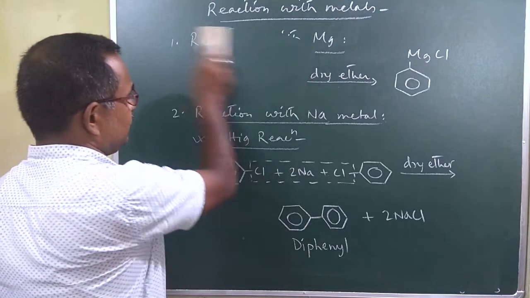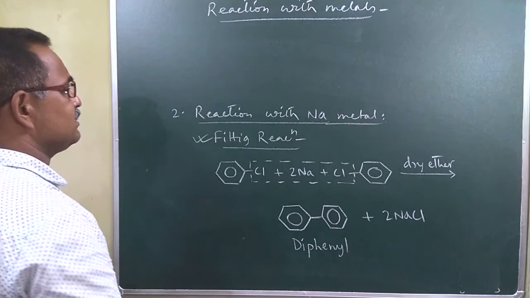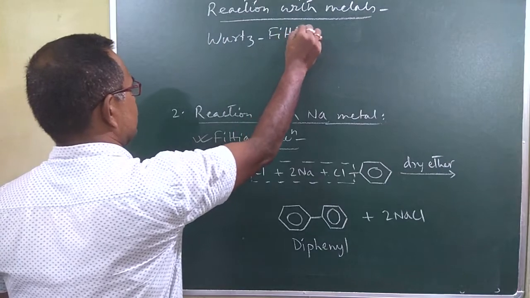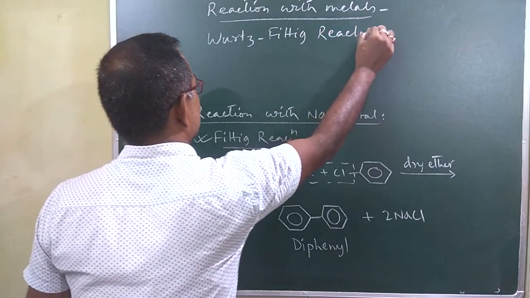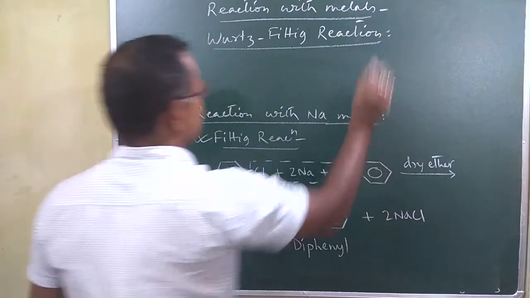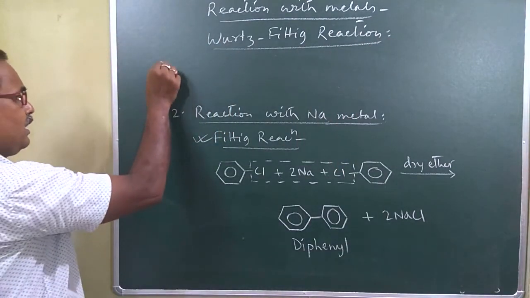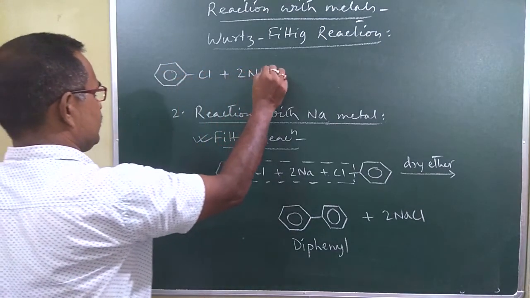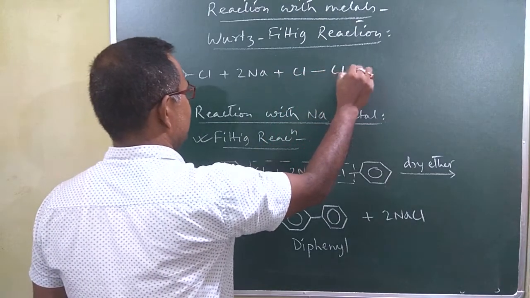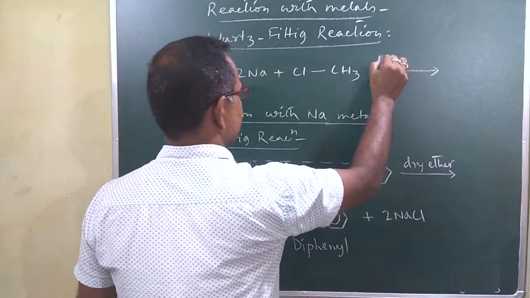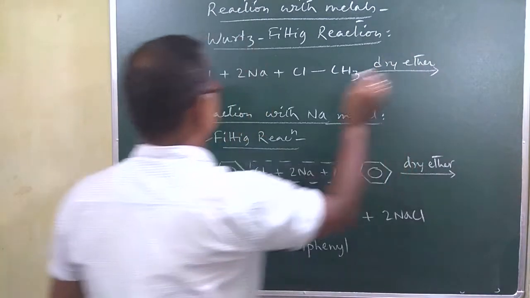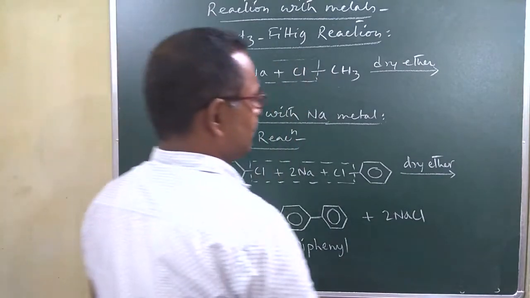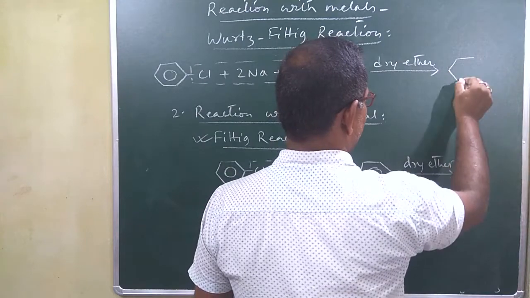Similar to Fittig reaction, there is another reaction. It is the Wurtz-Fittig reaction. Okay. Here, aryl halide and alkyl halide is treated with sodium metal in dry ether, and as a result of the reaction, we will have alkyl-arene.